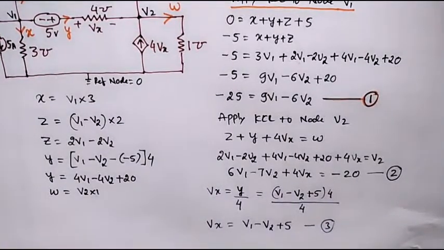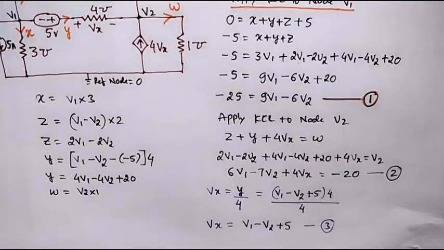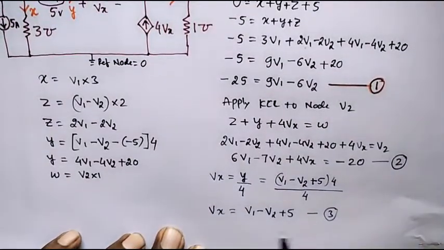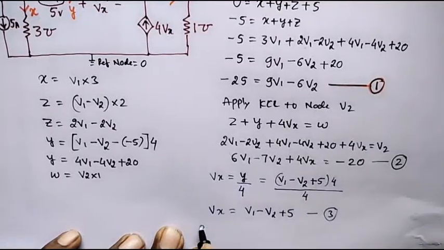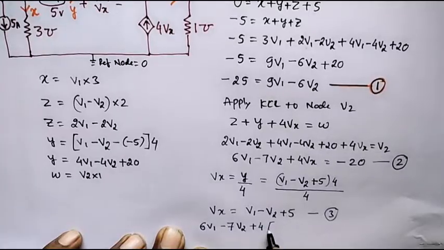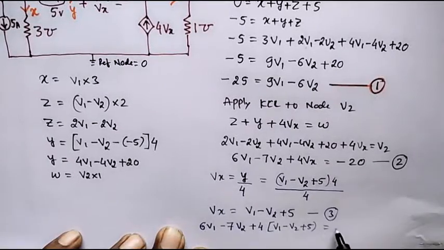So now, substituting this Vx value in equation 2, I can rewrite equation 2 as 6V1 minus 7V2 plus 4 times V1 minus V2 plus 5 is equal to minus 20.